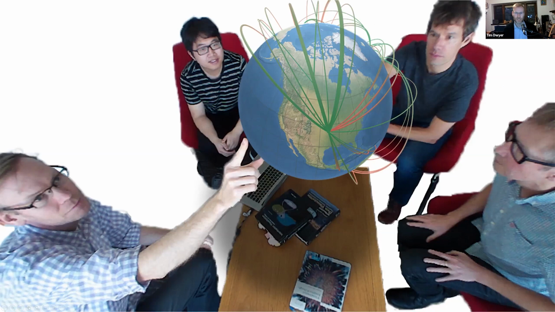Maybe one day there'd be implants or contact lenses or something that would give people a similar capability. And then you'd be able to sit around and have 3D information graphics appear in the space around you and be able to interact with it on tabletops like this one, or floating around in the space.